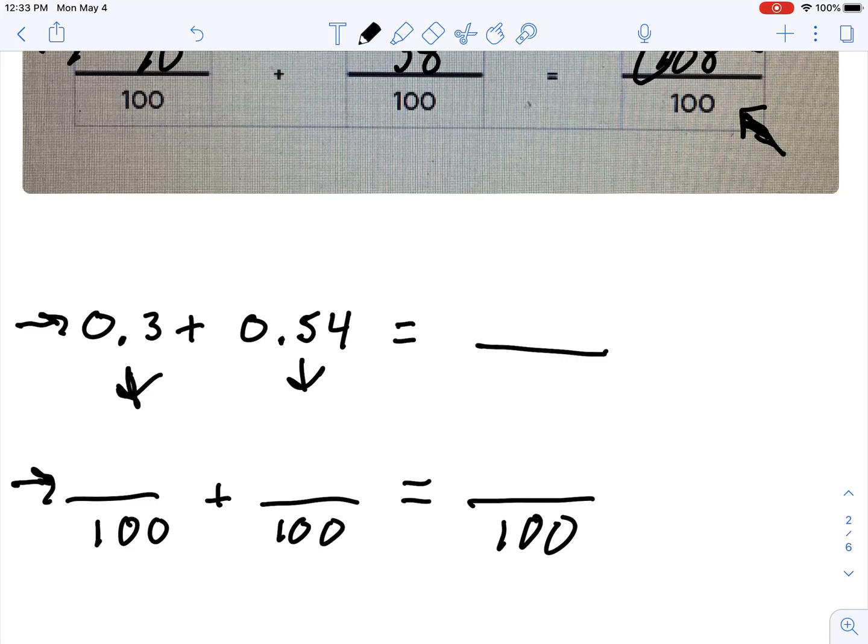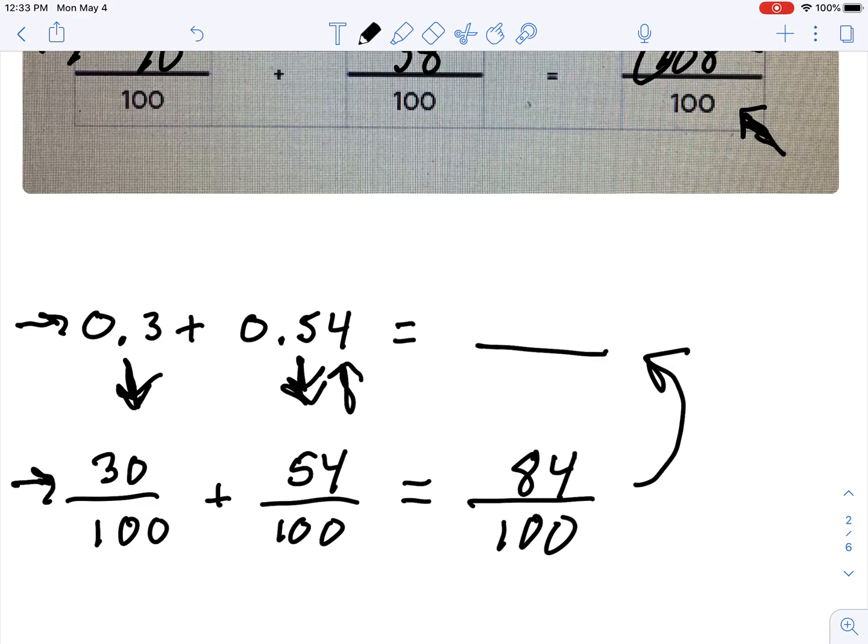So tell me what this fraction would be, and what this fraction would be. That's right. So 3/10 is the same as 30 over 100, right? This one is the easier part because it's already 54/100, so I just have to fill that in. All right, so hopefully you got 30 over 100 and 54 over 100. You add them together and you get that, 84 over 100.